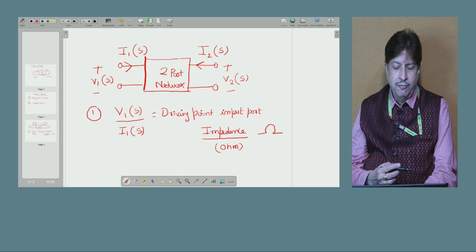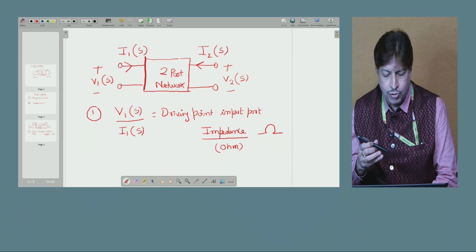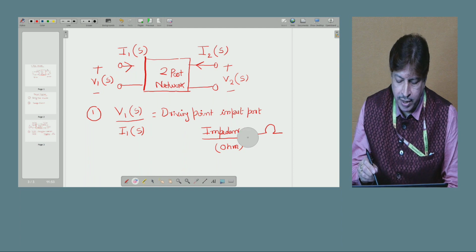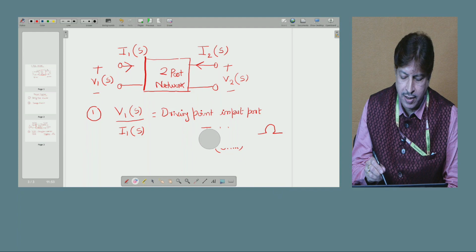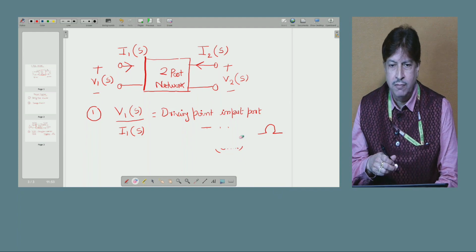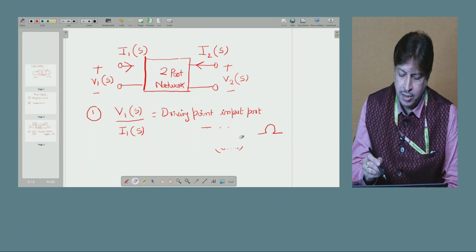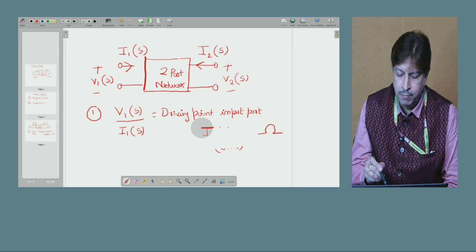Hence, V1(s) by I1(s) in future, whenever we refer, we read this as driving point input impedance.